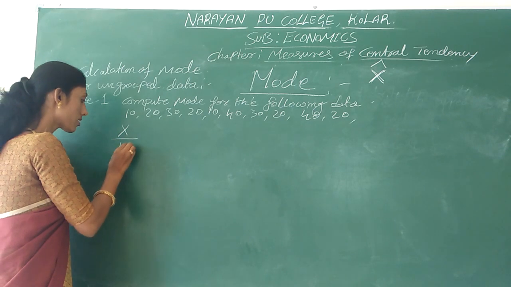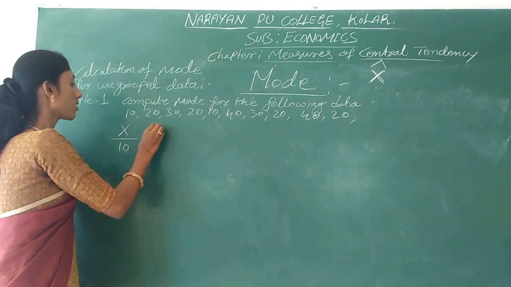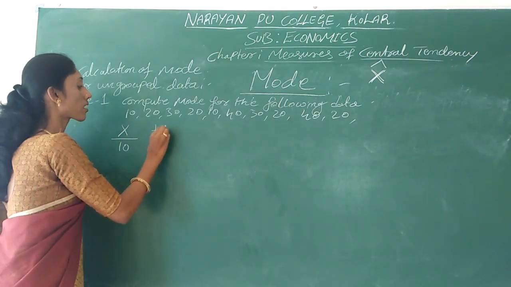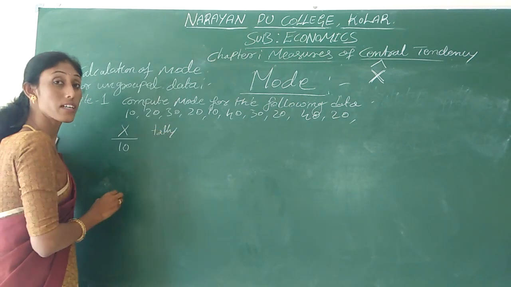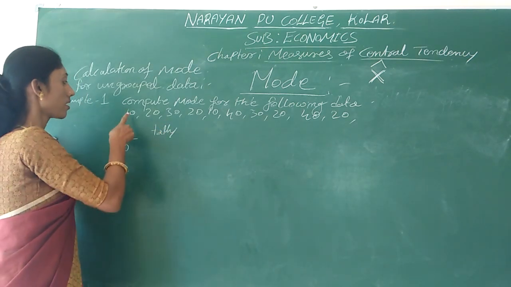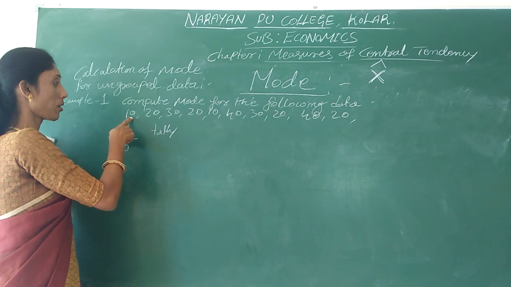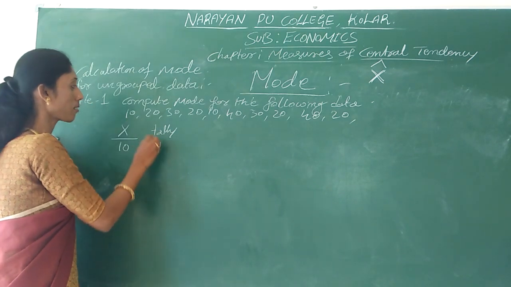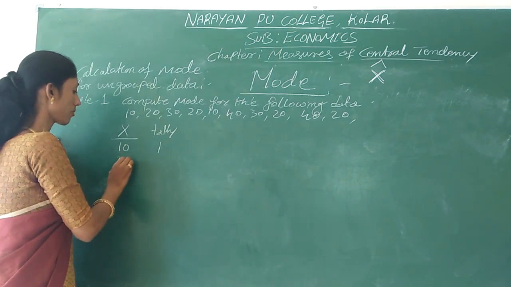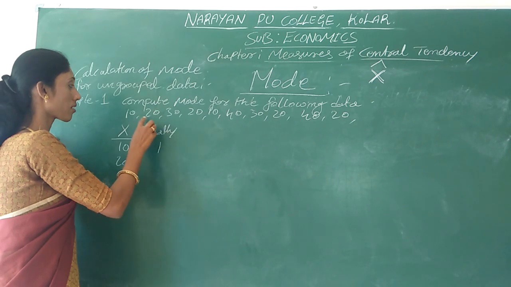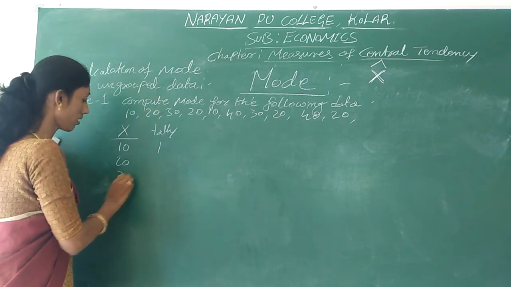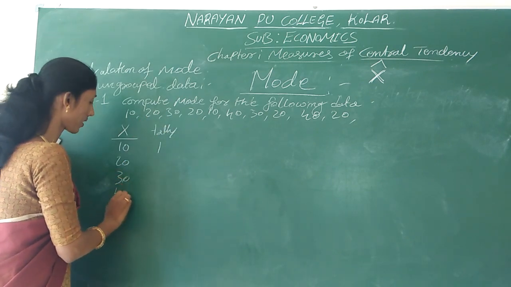First observation is 10. Here, make a tally marking. 10, how many times has it appeared in the data? 1 time. 20, how many times has it appeared? 20, 30, 40.